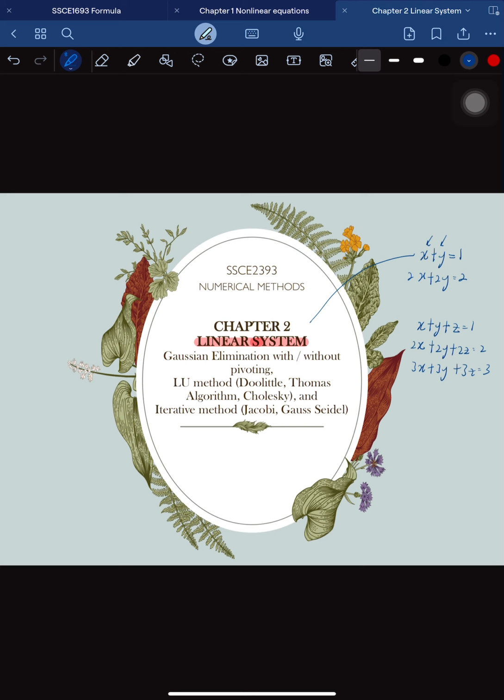In this chapter we want to solve the linear systems, or find the value of x, y, or maybe z, depending on the variables, by using several methods.